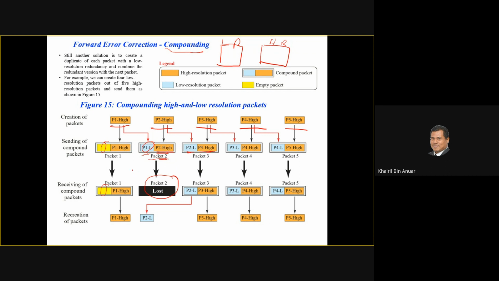Instead of having to resend, you know that the next packet received can give you the low resolution. Packet 1 has no problem, so you play the high resolution. Packet 2 is lost, so instead of an empty frame, you wait for packet 3 and play your packet 2 with low resolution.